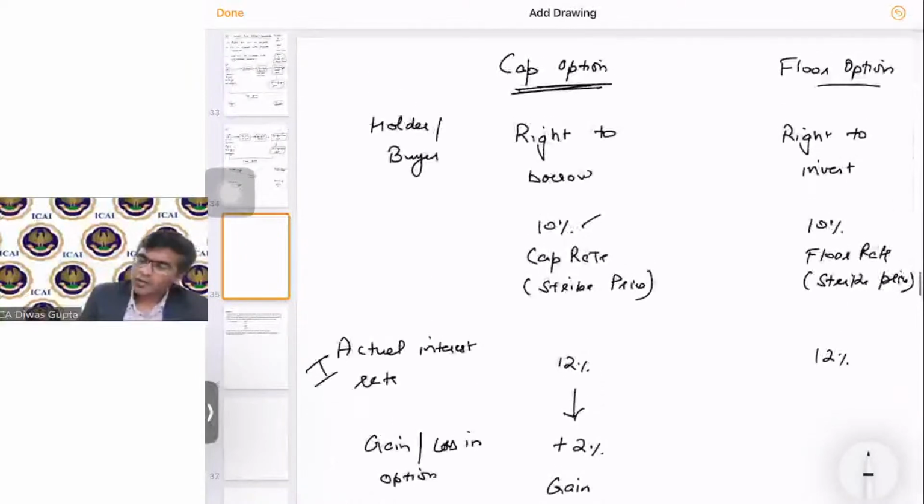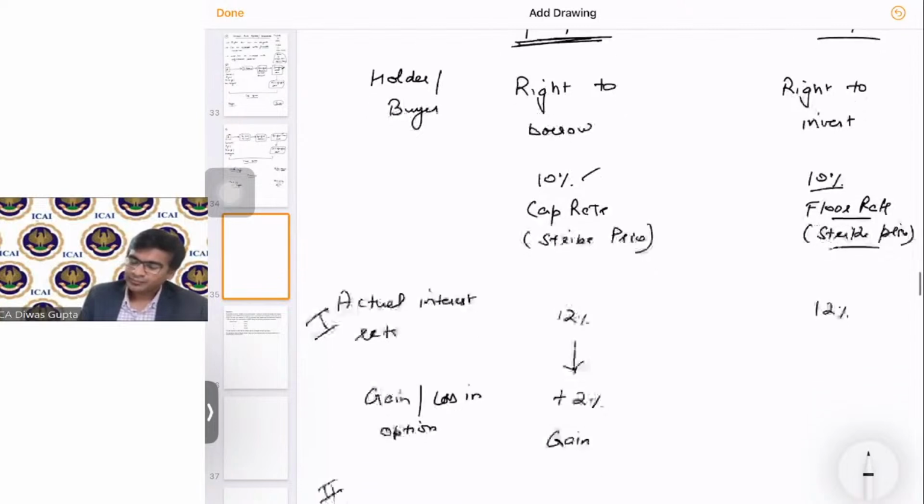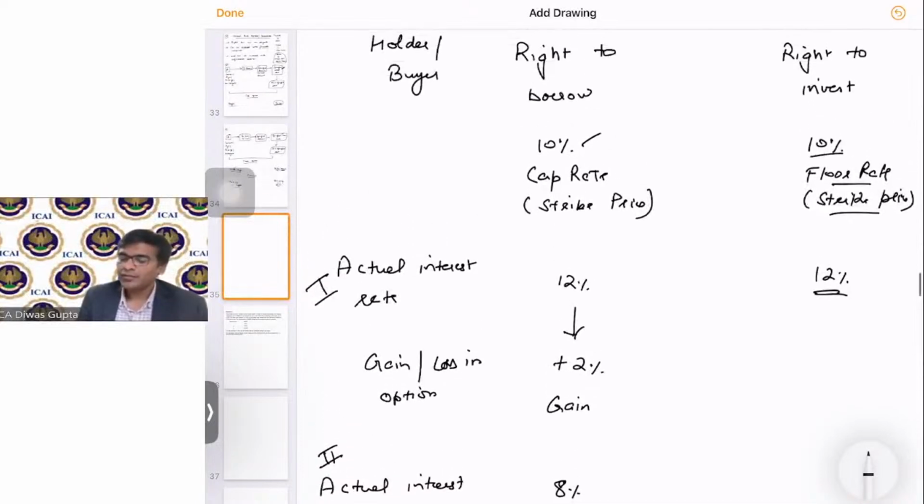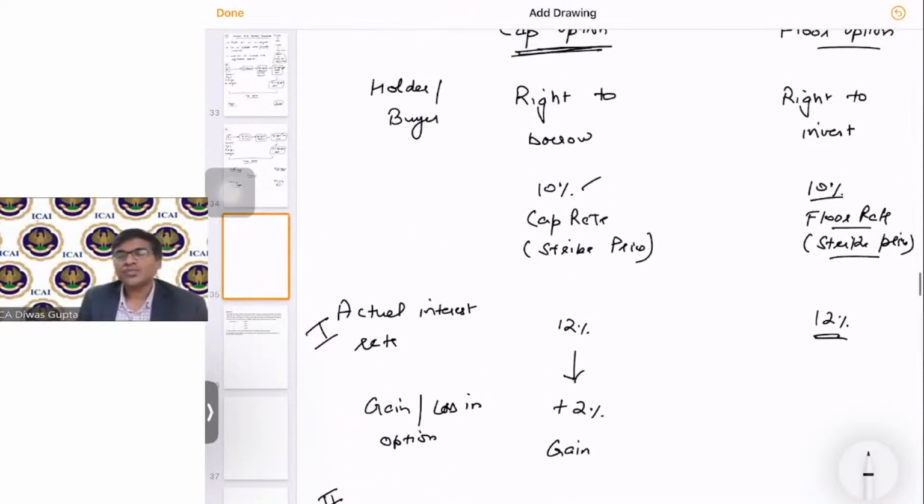Okay. Now comes the floor option. Let's understand it from the floor option. Now, a floor option gives the holder the right to invest, the right to invest at 10%, which is the floor rate. Let's say it's the strike price. So 12% is the actual interest rate that comes out to be. Now think from the holder of this floor option.